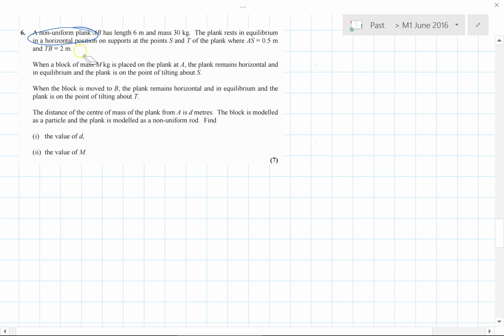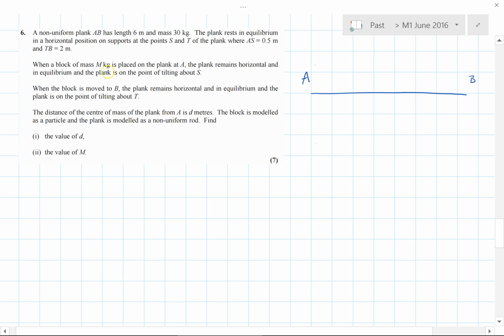Okay, it gives us a bit of information here. It's 6 meters long, and it's on two supports, let's label A here and B here.